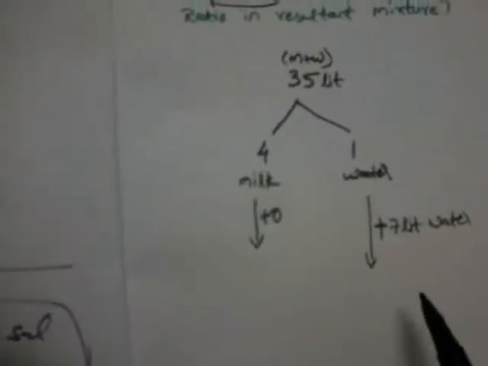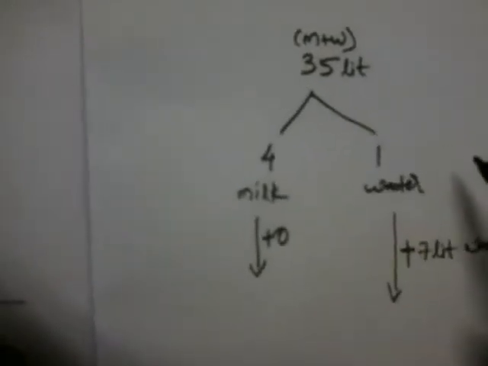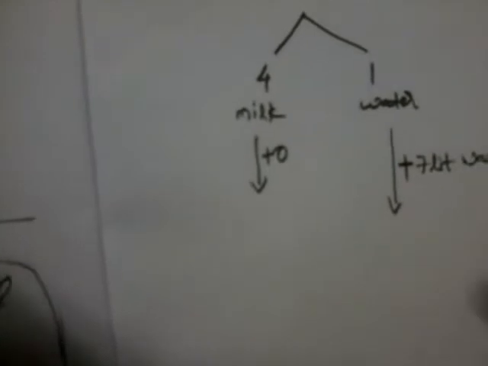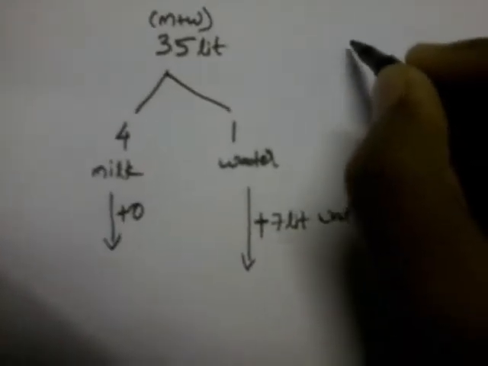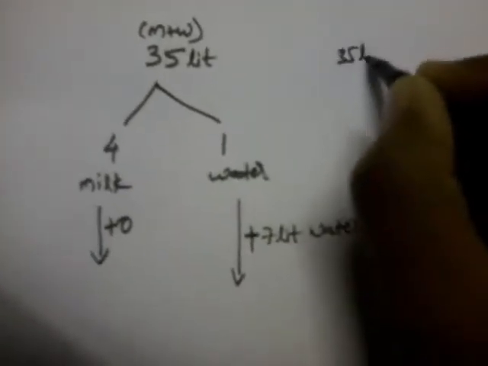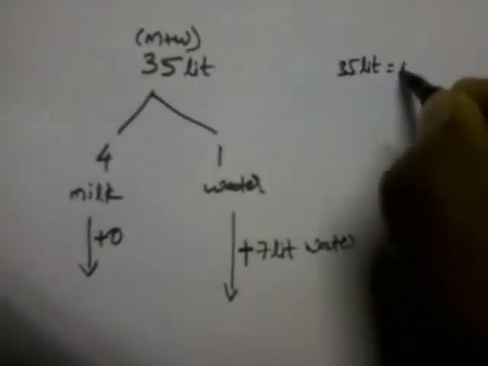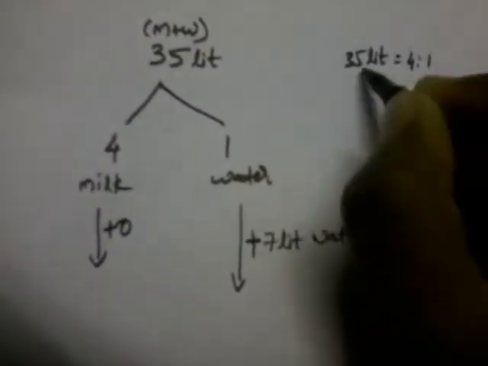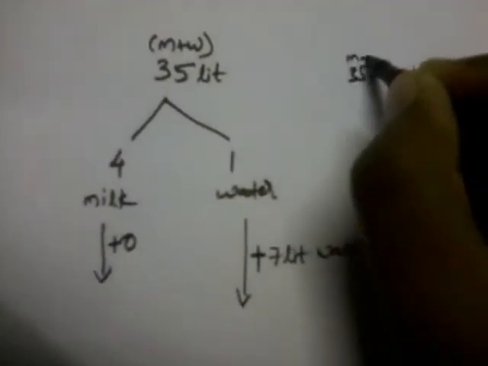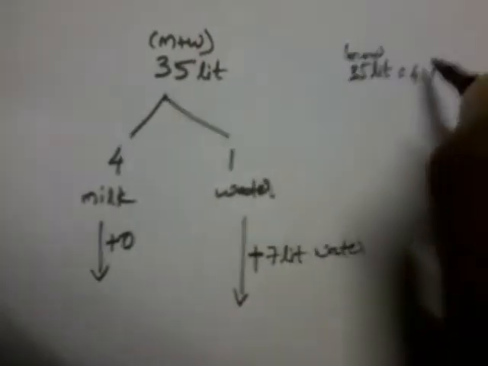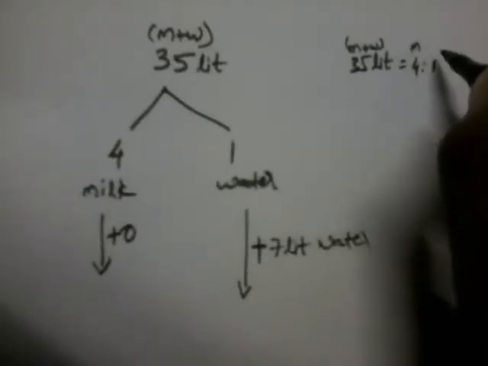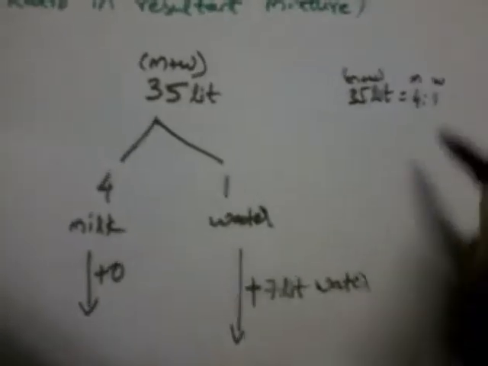How can we convert this ratio into liters? Already we know the terminology, that is shares. Consider the same share terminology. We are given that 35 liters of mixture of milk and water is divided in the ratio of 4:1, where 4 ratio is milk and 1 ratio is water.